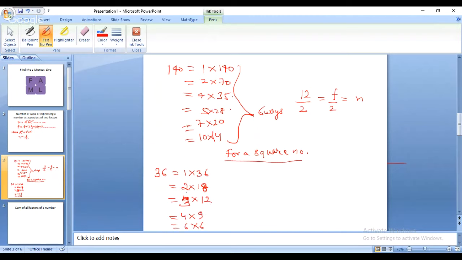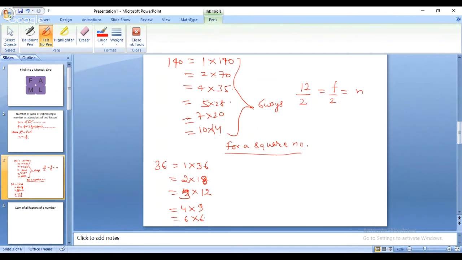If we count 1, 2, 3, 4, 5, 6, 7, 8, 9, 10, we must note here that 6 into 6 is coming 2 times. So let us write the factors of 36.